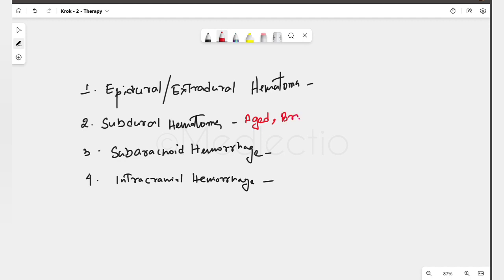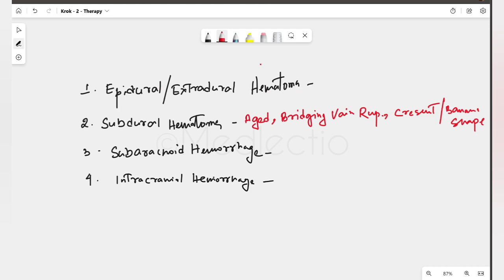It is caused by bridging vein rupture. And what can we see in CT? We can see a crescent shape, or you can say banana shape.